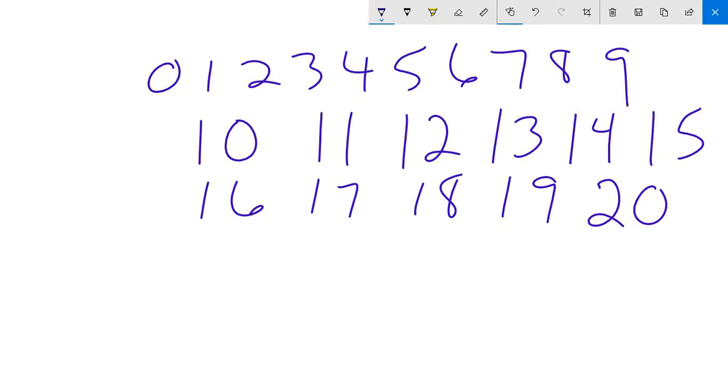Let's get rid of that again, and let's go into a different base. I think we had a problem with a base 5. So in base 5, we don't get to have 10 digits to make our numbers from. We get 5 digits. So we have 0, 1, 2, 3, 4.